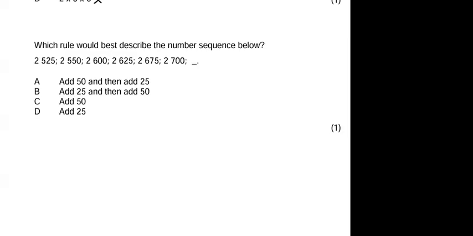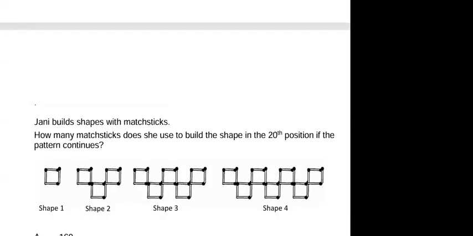Now look at them at 25. Let me just double check. No, not at 25. They add 25 first and then they add 50. Yeah, add 25 and then add 50. See it here too? It's actually there. Alright, so that would be B. Let's move on, guys.